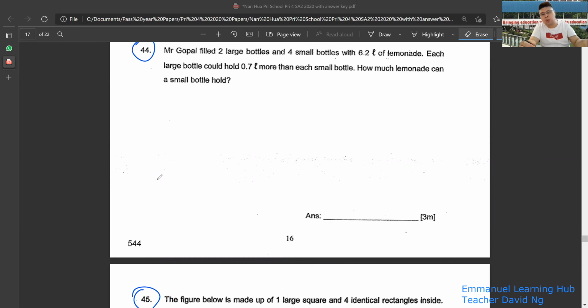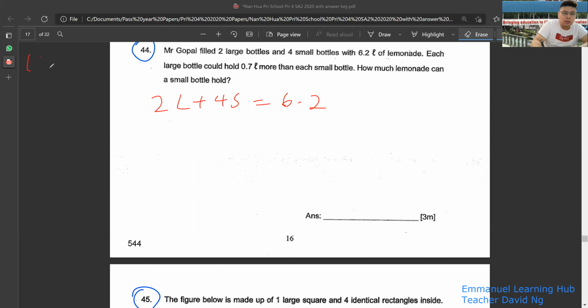Mr. Gopal filled 2 large bottles and 4 small bottles with 6.2 liters of lemonade. So 2 large, 4 small is 6.2 liters. Each large bottle could hold 0.7 liter more than each small bottle.